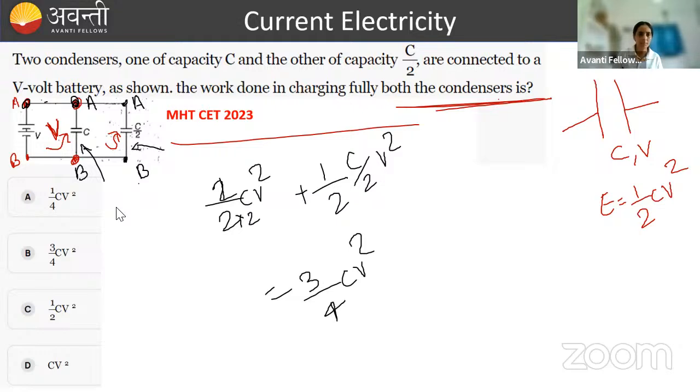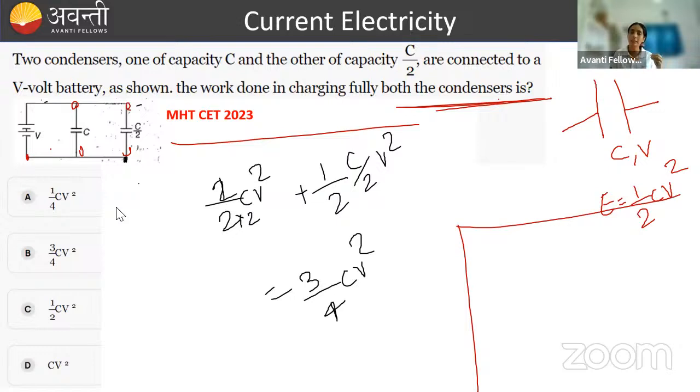You can look at it in a different way also. You can see here C and C by 2 are in parallel because the potential difference across these two is the same. When capacitors are in parallel, how do we calculate C equivalent? We add them the way we add resistors in series.